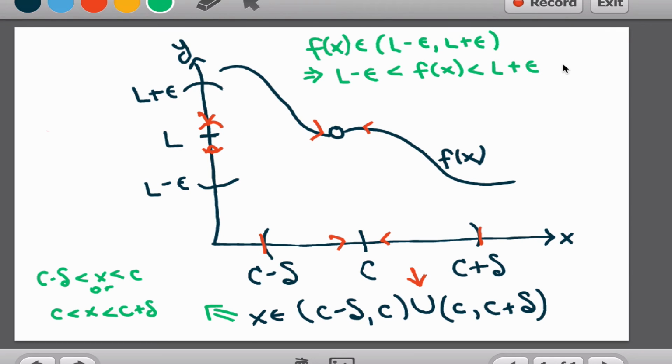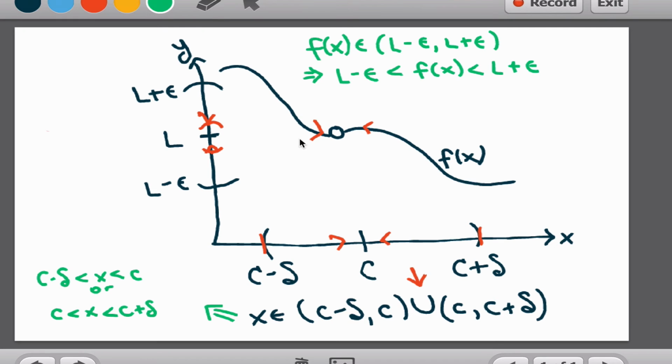There is one more thing I want to point out. When we say that f of x is in this interval, some interval from the limit minus epsilon, the limit minus a little bit, up to the limit plus a little bit, we're calling the little bit epsilon. That means that f of x will be bigger than the limit minus epsilon, but it will be smaller than the limit plus epsilon.